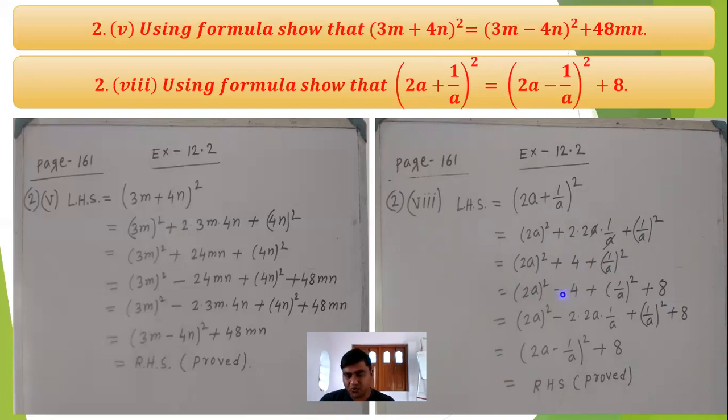So (2a) whole square minus 4 plus (1/a) whole square plus 8. (2a) whole square minus 2 into 2a into 1/a, a cancel, 2 times 2 is 4, plus (1/a) whole square plus 8. First three terms, we have a formula (2a - 1/a) whole square plus 8. This is the right hand side. Proved, left hand side equals right hand side.